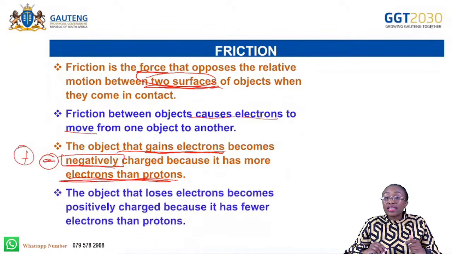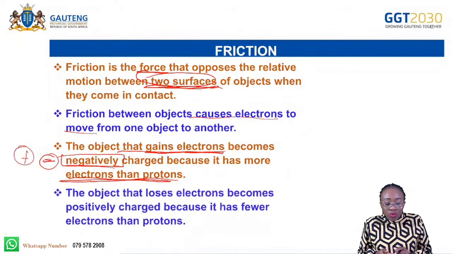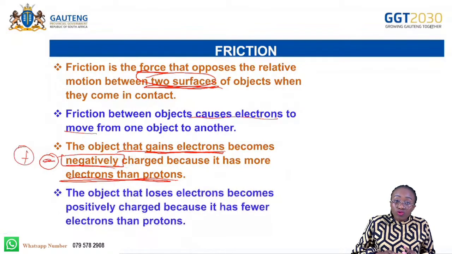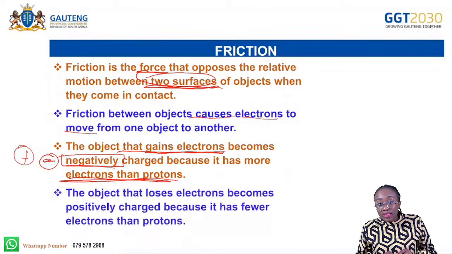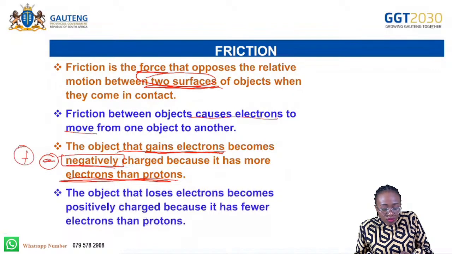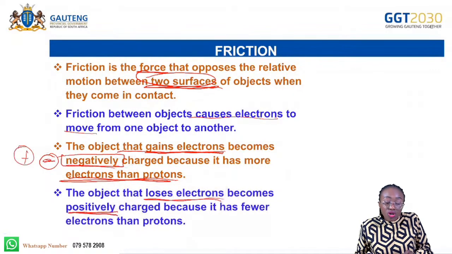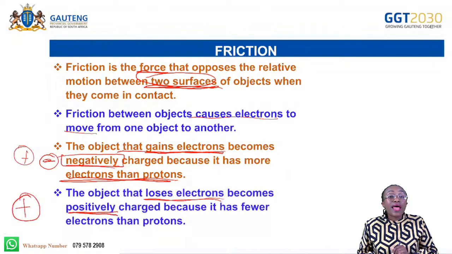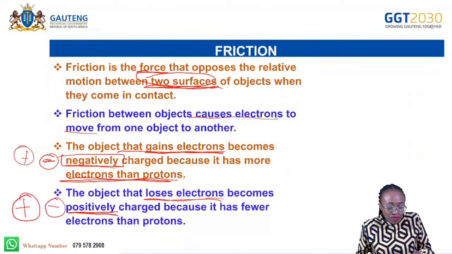The object that loses electrons. When friction happens, one object loses electrons and the other one gains electrons. The object that loses electrons becomes positively charged. Why do we say it becomes positively charged? Because now the positive charges are more than the negative charges.